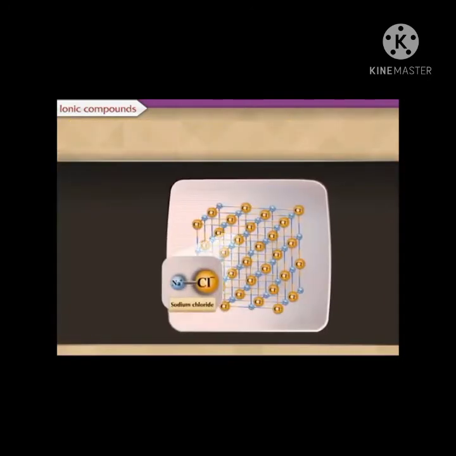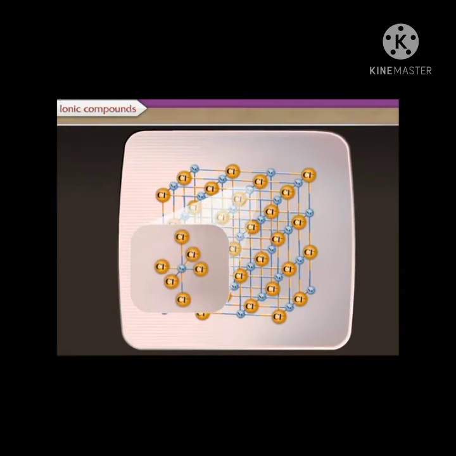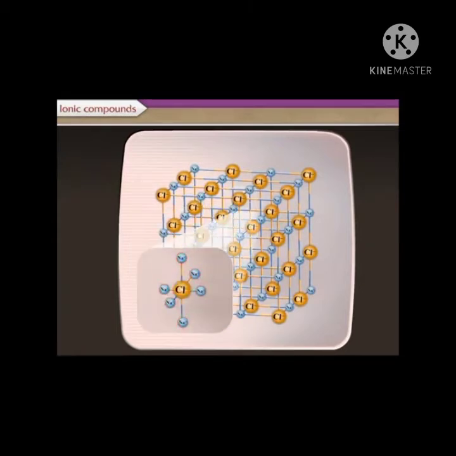The specific arrangement of ions in a crystal is mainly due to the attractive force between oppositely charged ions and the repulsive force between similarly charged ions. Thus, in a crystal, negative ions are arranged around the positive ion and positive ions are arranged around the negative ions.